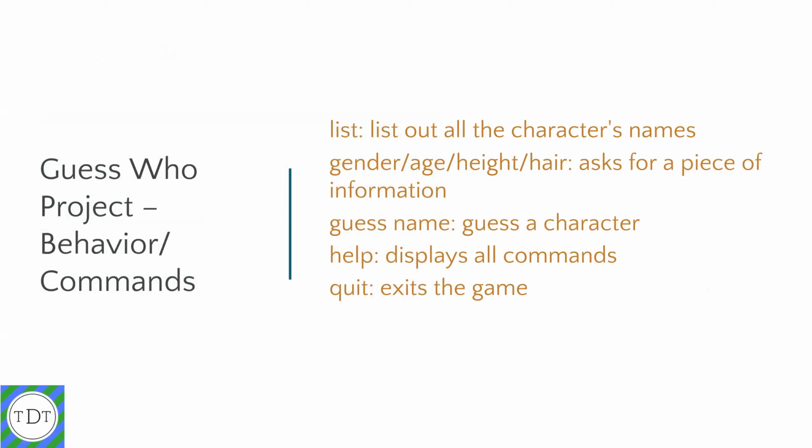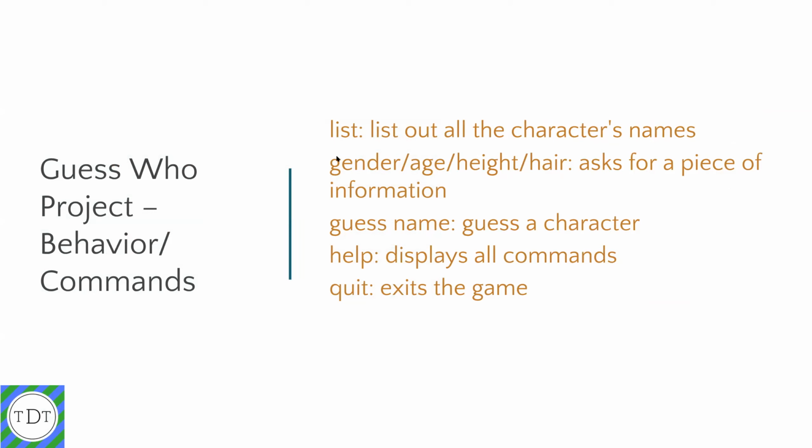So the expectations for the behavior of your project: it should have several commands. One command should be list. If the user types list, then it should list out all the characters' names.